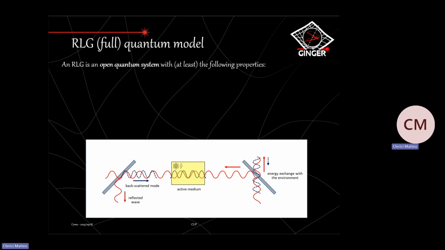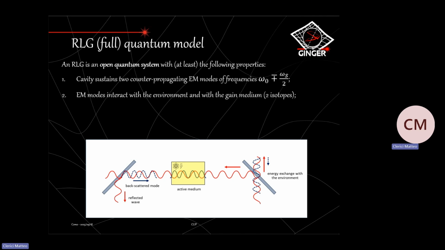Moreover, the ring laser is an open quantum system. You have some leakage, and you have to read the leakage, because what you are actually reading is the signal that comes out from the gate.